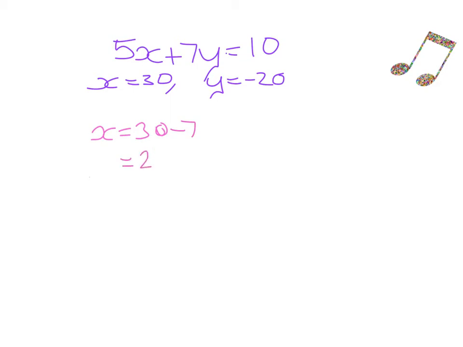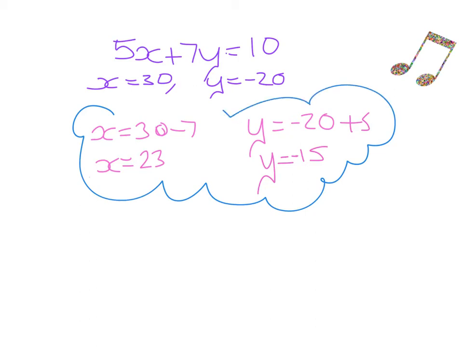Get a new value of 23. For my y value, I take my negative 20, and in this case I'm going to add 1 lot of 5, which will give me negative 15. And at this point we have actually found one more set of solutions.